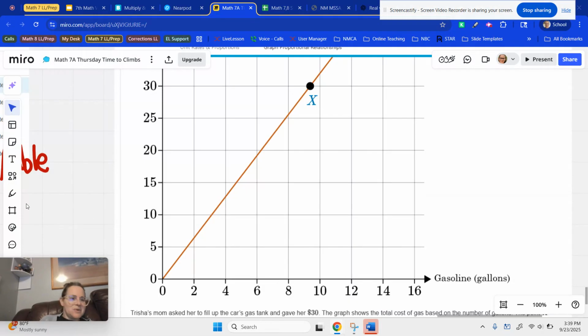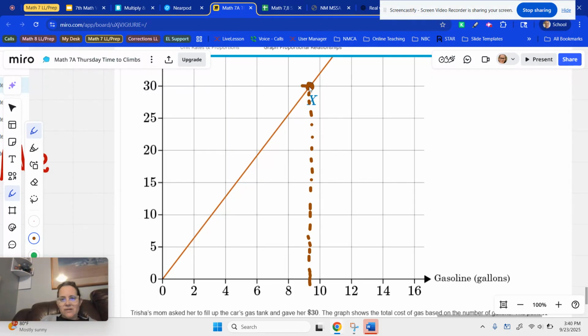All right. So let's take a look at this point X. Okay. If I follow it down to here, unfortunately, it's not falling very neatly on the grid lines. So it looks like a little less than that, it's somewhere between 8 and 10. Okay.